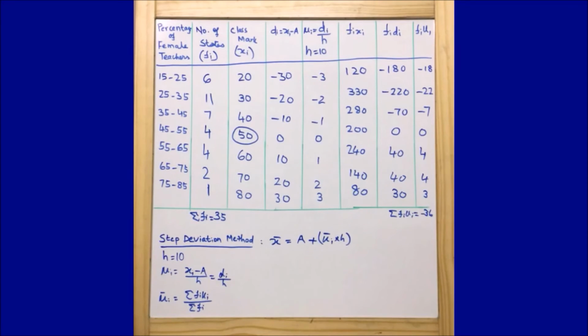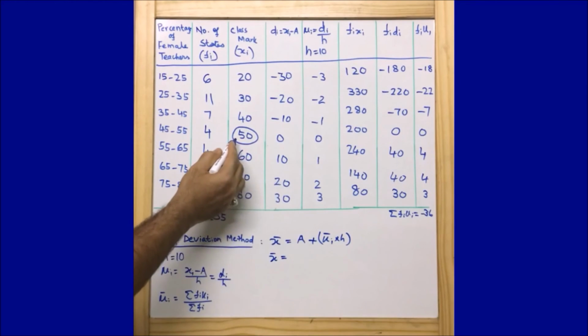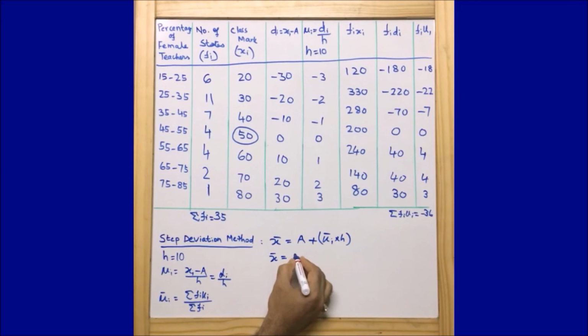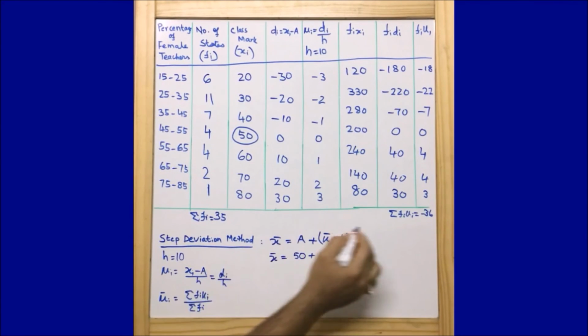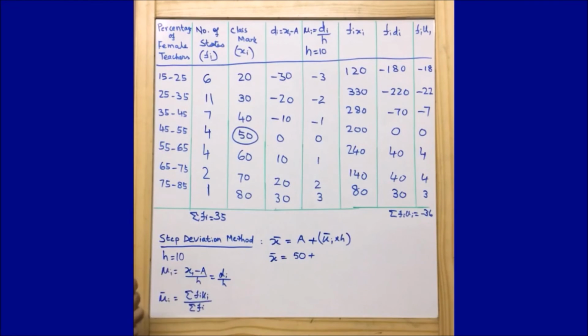Now let us put this information in this formula and find out our mean. Now I can write mean is equal to a. A is our assumed mean, and here our assumed mean is 50. So I can write 50 plus mean ui. Okay, let us first calculate mean ui. Here mean ui is equal to summation of fi ui by summation of fi.